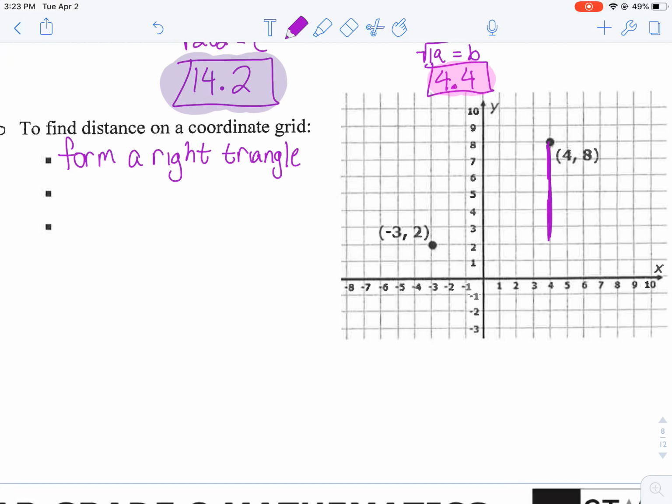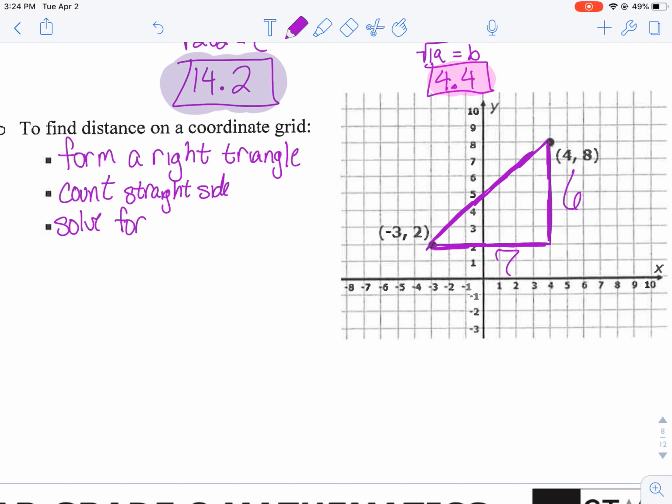I'm going to put a side right here, put a side right here, and connect across. Then we're going to count our straight sides. Right here, 1, 2, 3, 4, 5, 6. Right here, 1, 2, 3, 4, 5, 6, 7.